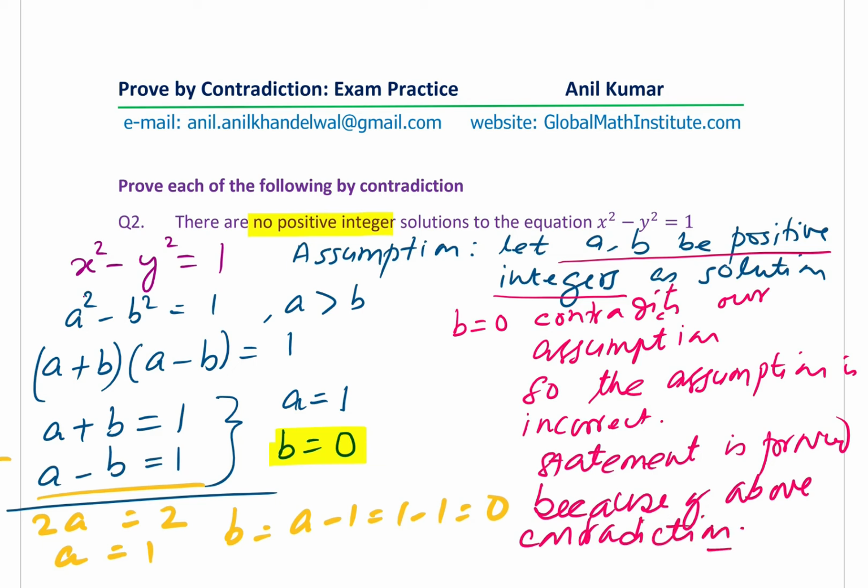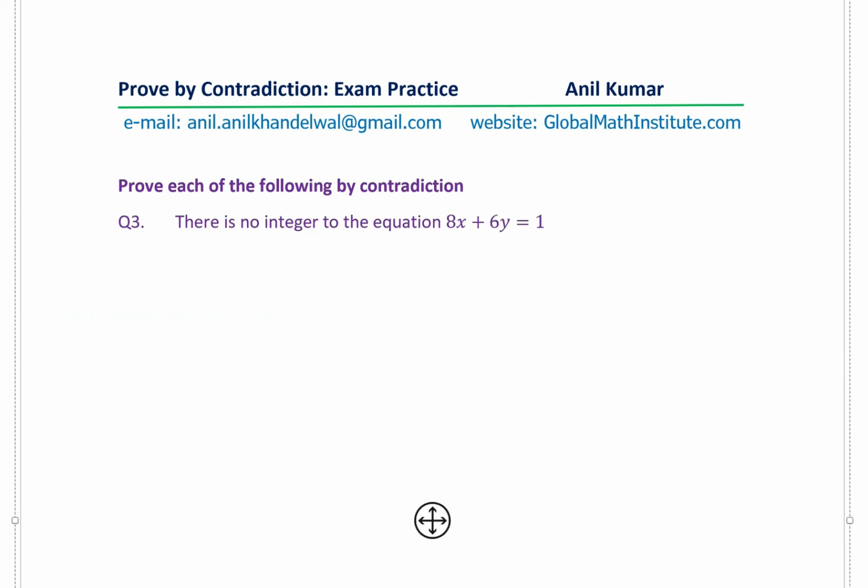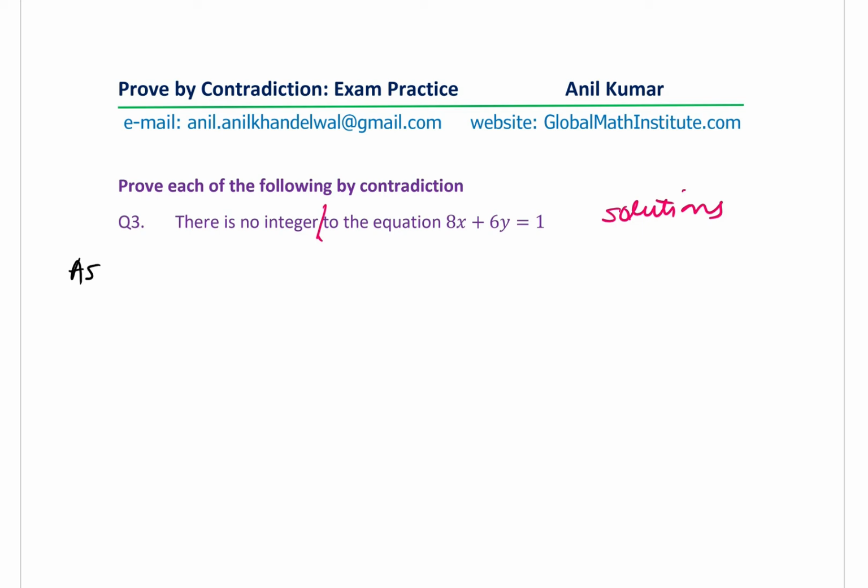Now let's take up the next example, which is question number 3. It says there are no integer solutions to the equation 8x plus 6y equals 1. Okay. So we'll assume that there are, right?